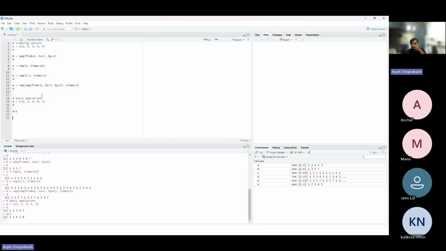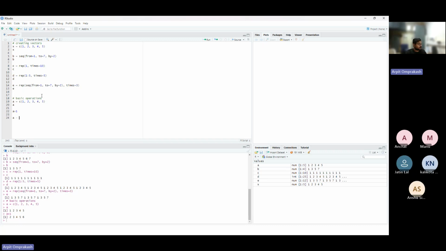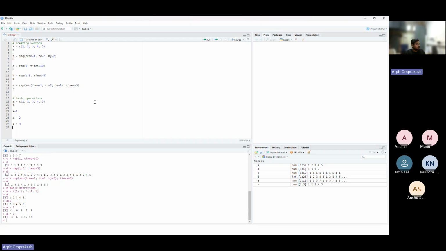So it adds 1 to each of these entries. Similarly, if we do a minus 2, it will give us minus 1, 0, 1, 2, 3. It subtracts 2 from each of them. If we do a multiplication, which is a into 3, all the elements are multiplied by 3 here.